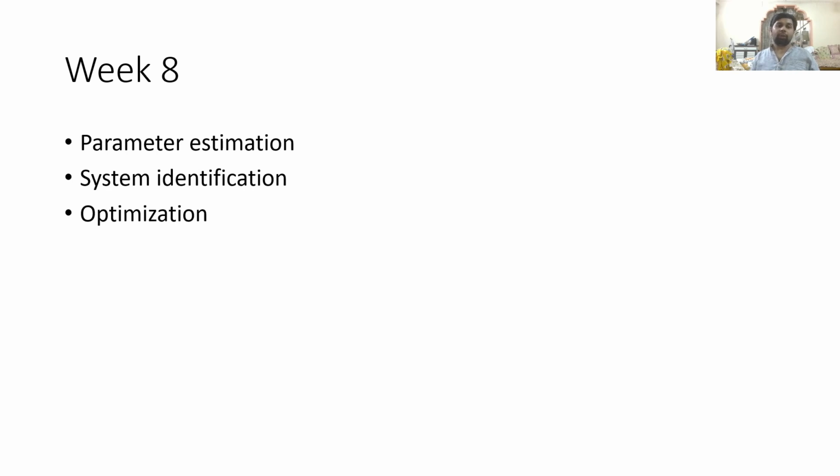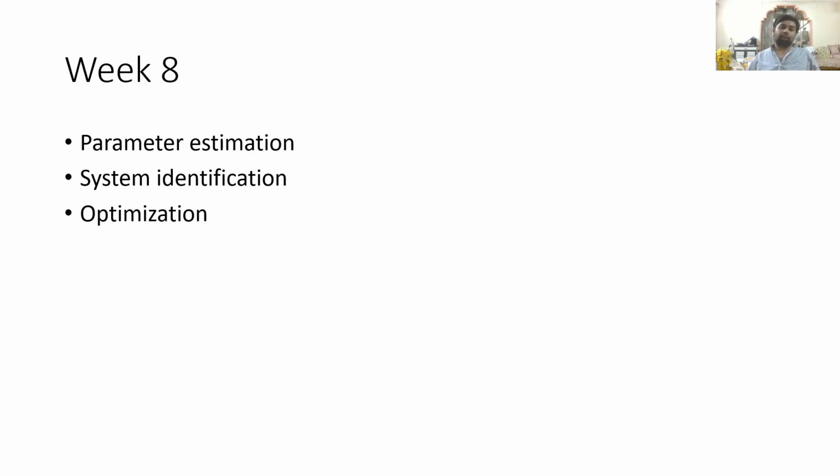So the contents for next week, which is the eighth week, or we are in the current eighth week itself. The concepts for this week are basically parameter estimation, system identification, and optimization.